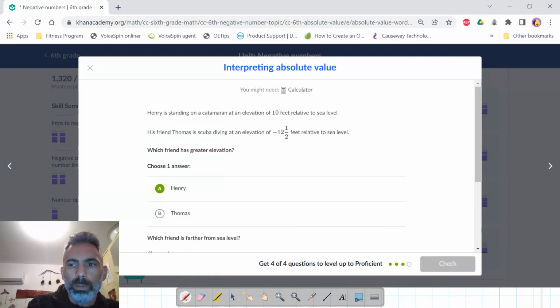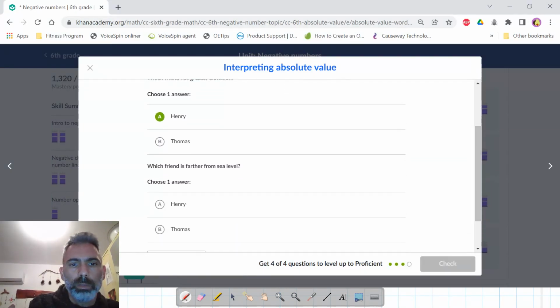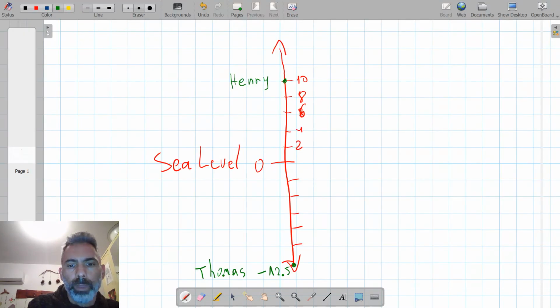But now they want to know which friend is farther from sea level. So we want to know the absolute value of negative 12.5, which is the distance from the 0. So the distance of Thomas from the 0 is greater than the distance of Henry from the 0.